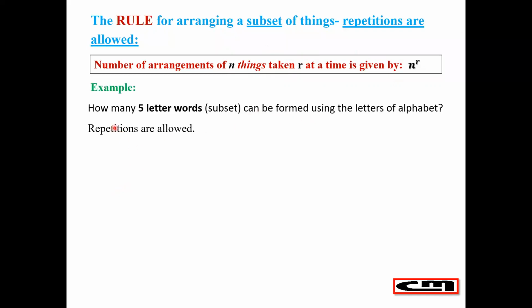This example: how many 5-letter words can be formed using the letters of the alphabet, repetitions allowed? Remember, we answered this question when repetitions were not allowed, so the answers that we are going to get are certainly different. The 26 letters of the alphabet are the value of n things.